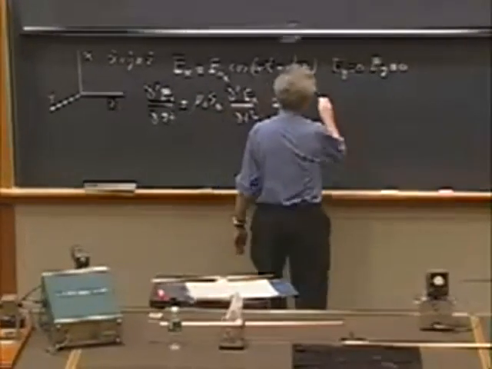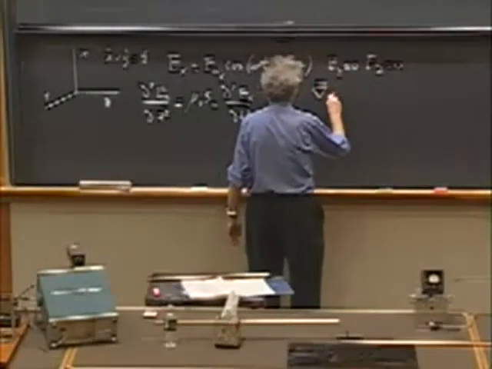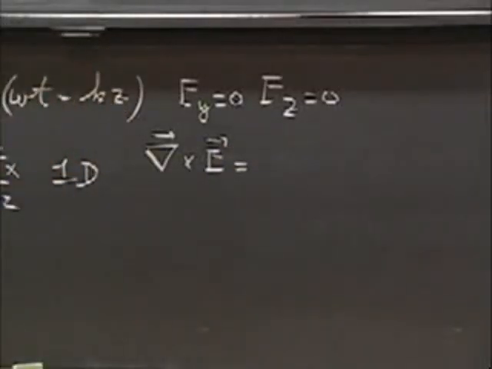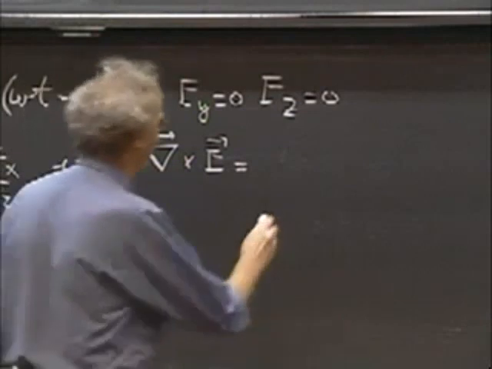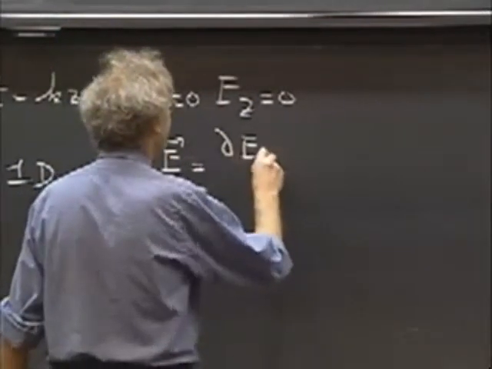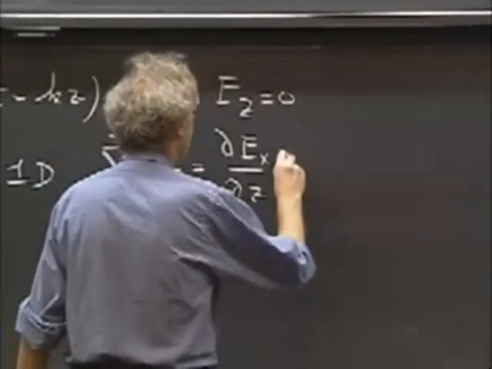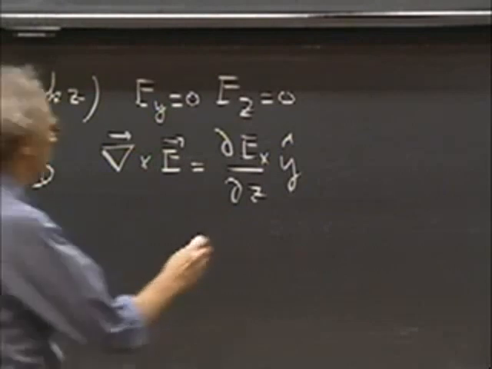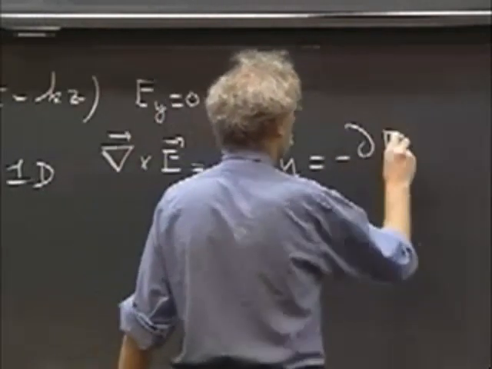So I'll write down here the curl of E. There's only one term that survives, and that is dEx dz in the y direction, and that now must be equal to minus dB dt, because that is Maxwell.